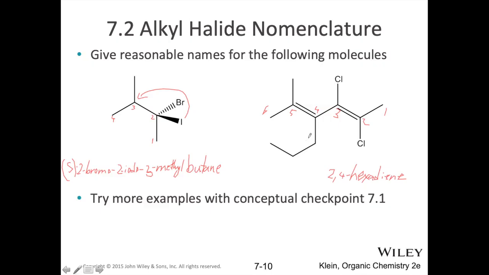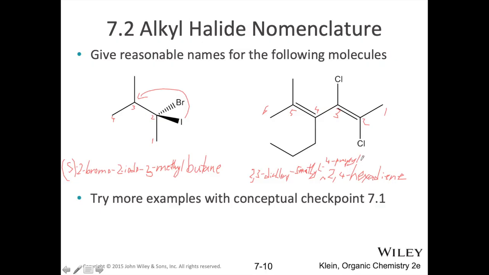So we want to list these all in alphabetical order. First come our chlorines. So this is 2,3-dichloro. I don't know if I'm going to have room to write all of this, but we'll try our best. Out of the remaining 2 groups, we have a methyl group and a propyl group. M comes before P, so this becomes 5-methyl. Oops, there's a hyphen there. Sorry, I'm squishing this all together. And our propyl group's in the number 4 position. So 4-propyl.